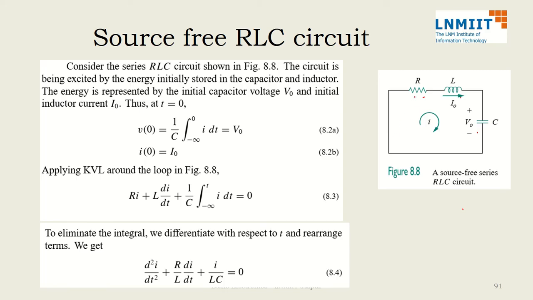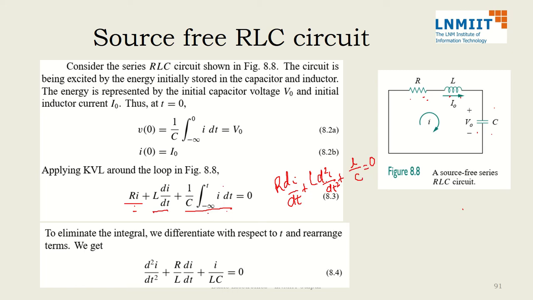When I write the KVL equation, the voltage across the resistor is R into I. The voltage across the inductor is L di by dt, and the voltage across the capacitor in terms of its current is 1 by C integral of I dt. To remove this integration term, I differentiate the whole equation and I get R di by dt plus L d square I by dt square plus I by C equal to 0.